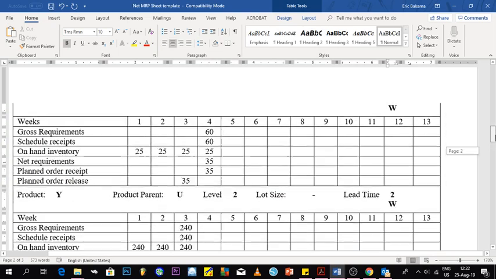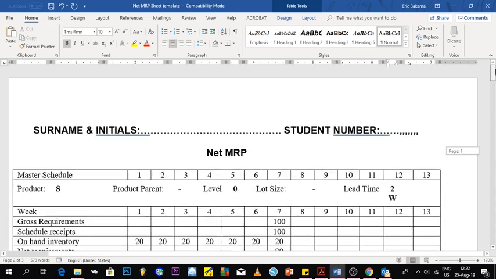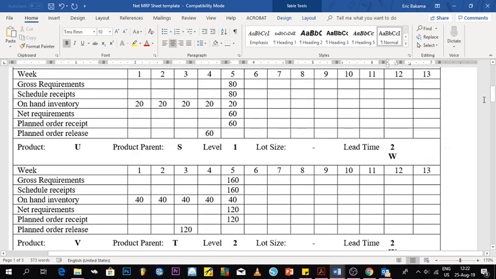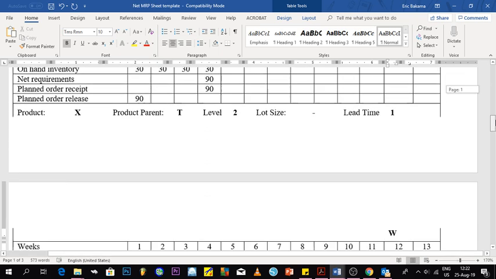It is coming straight from U. Where is U from here? It's coming straight from U, which is 120. 120 times 3 is going to give us 360.